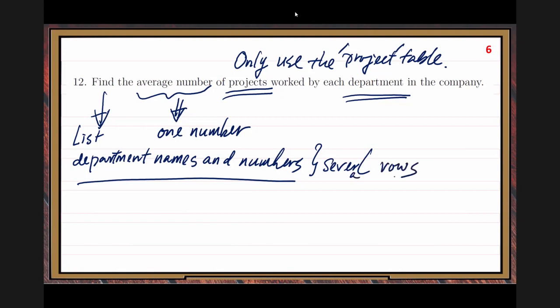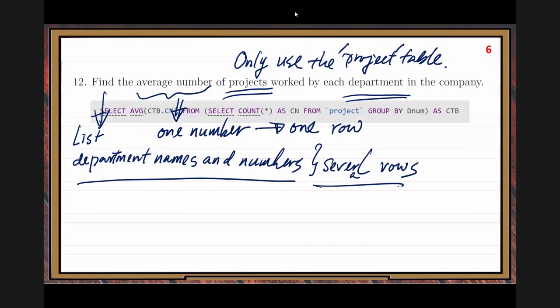Each department has one row. But here, one number, you get only one row. But here you get several rows, not compatible, right? You put them together, one part you expect several rows, but for the other part, only one row, one number, right? That means you need to repeat several times, right? So that's another problem.